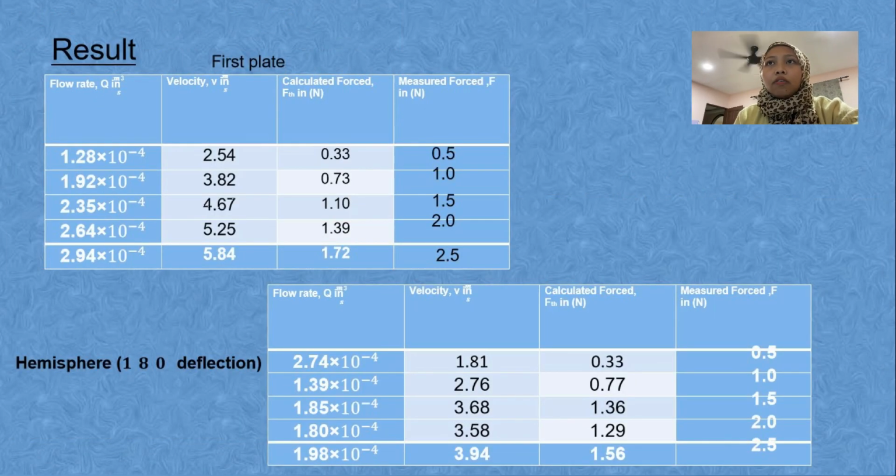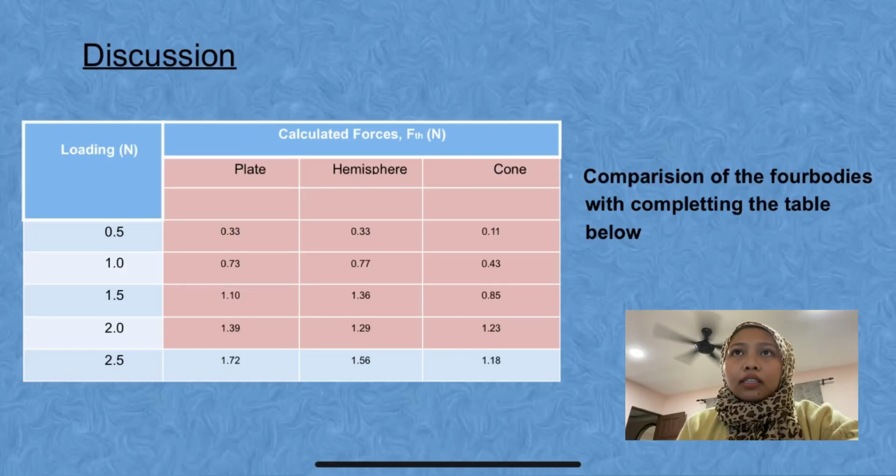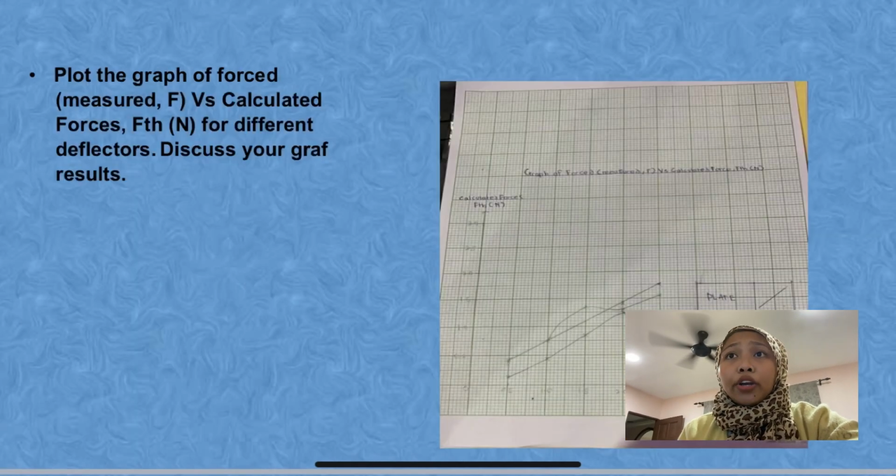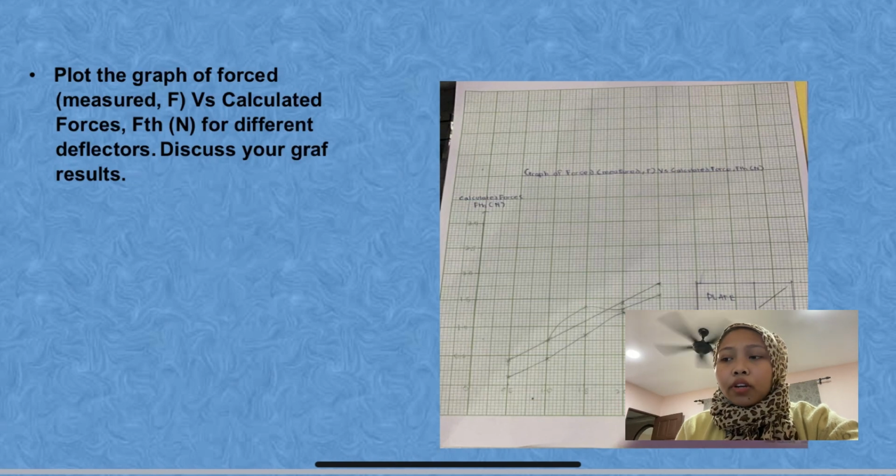So this is the result, and the three tables are the results. So the discussion is the comparison of the four bodies, completing the table below. So here we can plot the graph of measured versus calculated force for the different bodies. So this is for analysis.